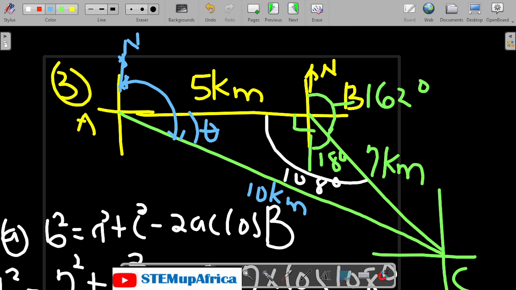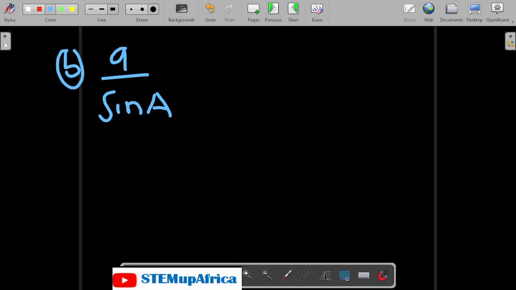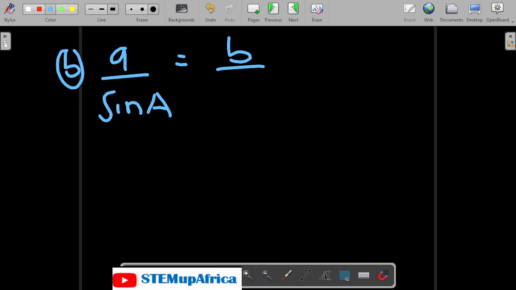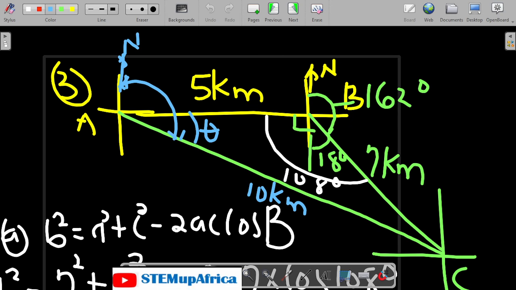So we're having theta and 10 kilometers. I'm going to have small a over sine big A is equal to small b over sine big B. So my small a, what is the value there? 7.